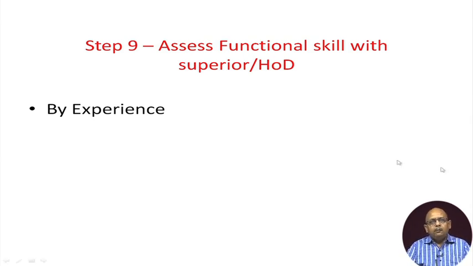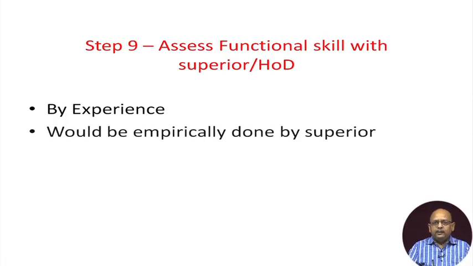Supervisors and heads of department are experienced people who have been supervising this kind of work, and they can see whether this person is good in that particular job or not.